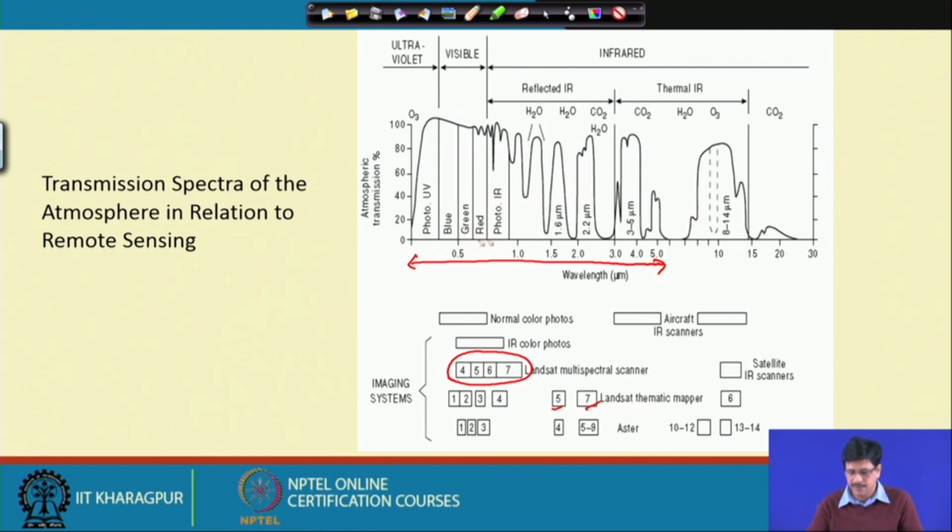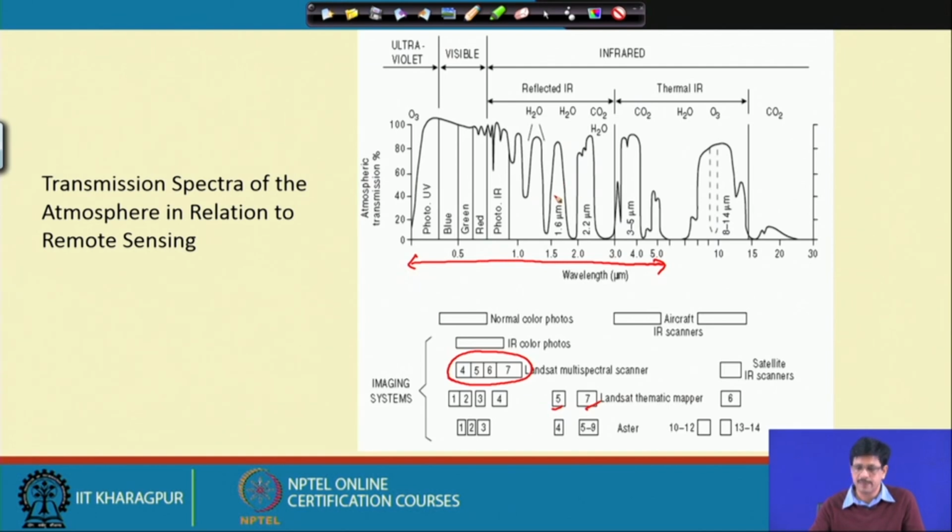And what we are seeing on this electromagnetic spectrum of the atmospheric transmission spectra is that we get certain lows, which are basically the troughs, shown here as range 1, and here 2, 3, 4 like that. They all result because of the absorption of electromagnetic energy by the moisture and carbon dioxide in the atmosphere.